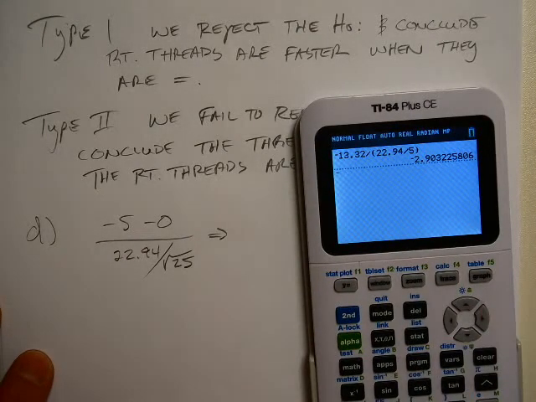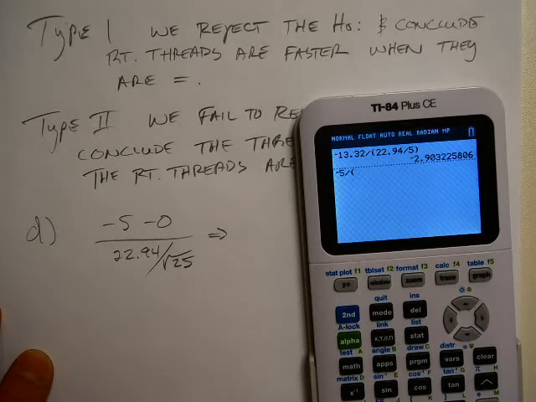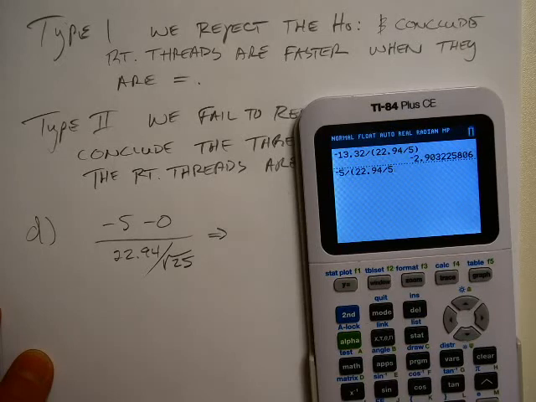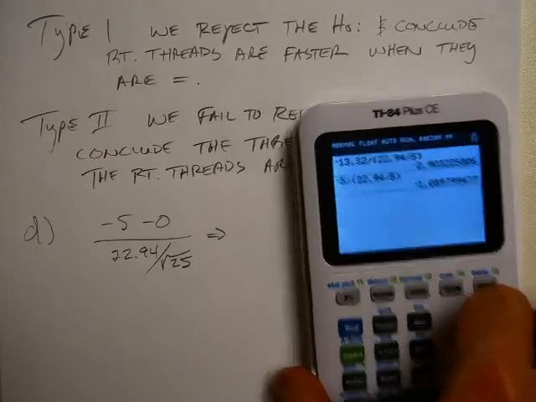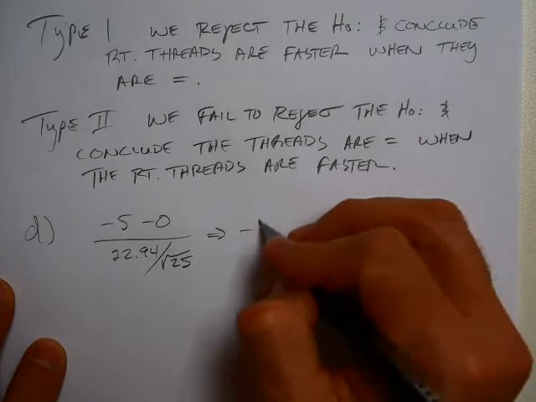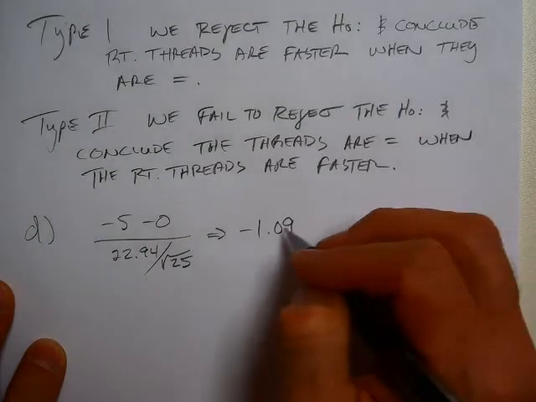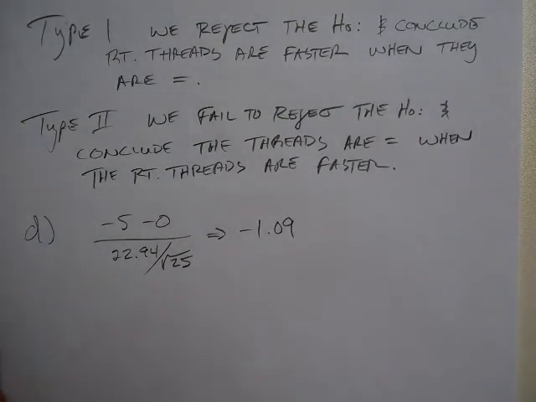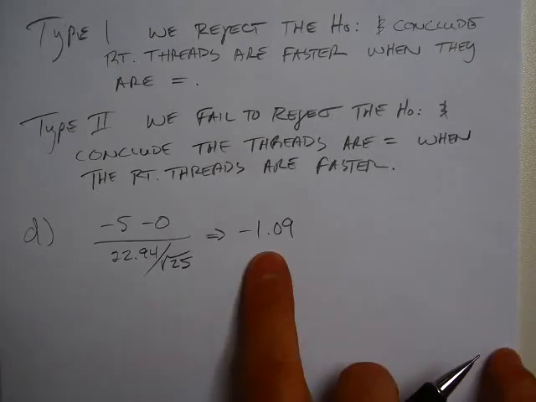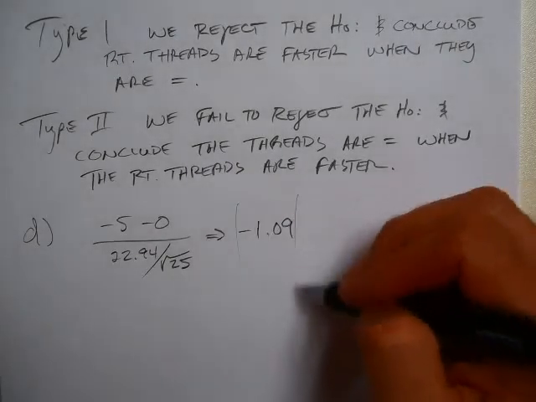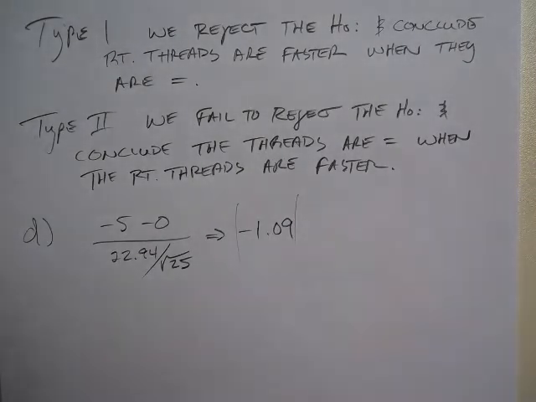So that's going to be -5 divided by 22.94, divide that by 5, and I get -1.09. So what we want to look at is, again, an absolute value idea, because you can't find negatives on this table.